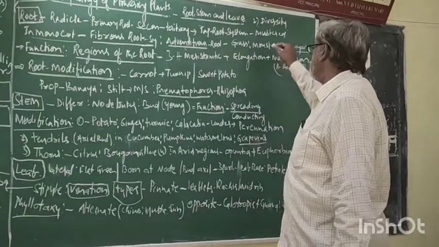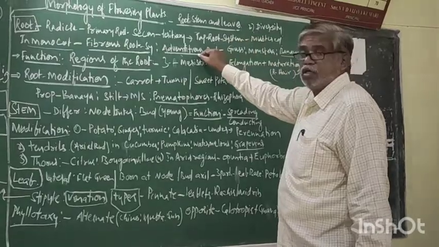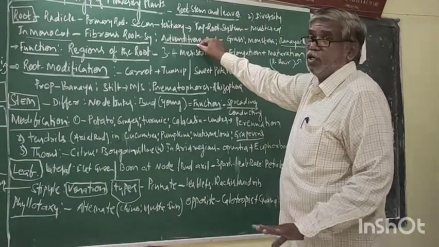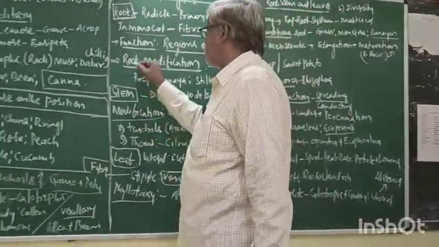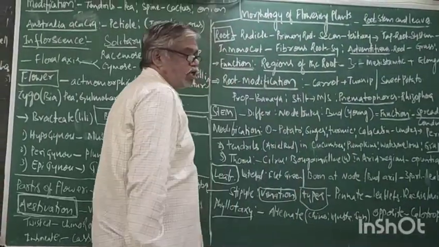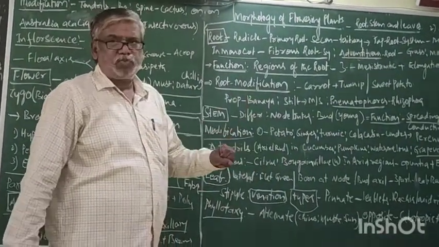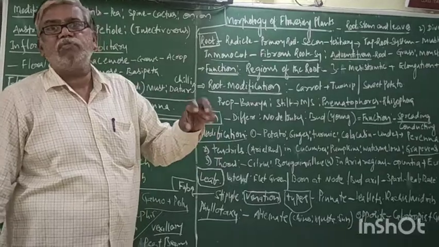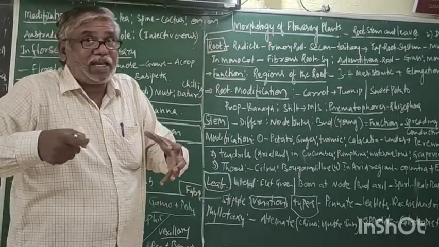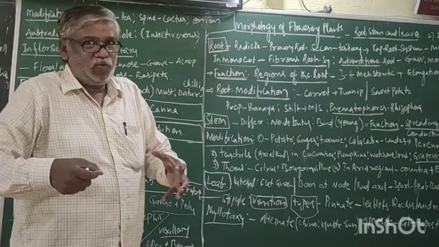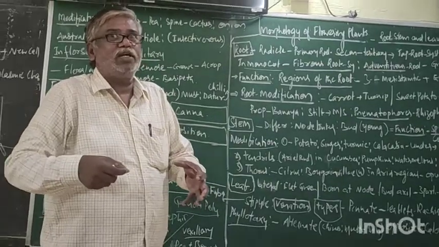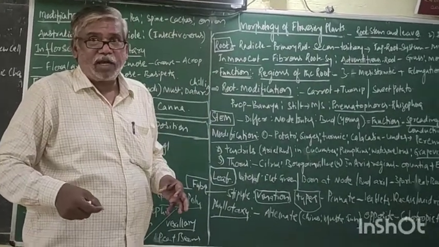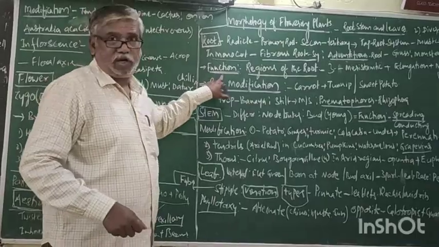These are three examples. Now, what is the function of the root? The main functions are absorption of water and minerals, and anchorage, which supports the total body. These are the two important functions.